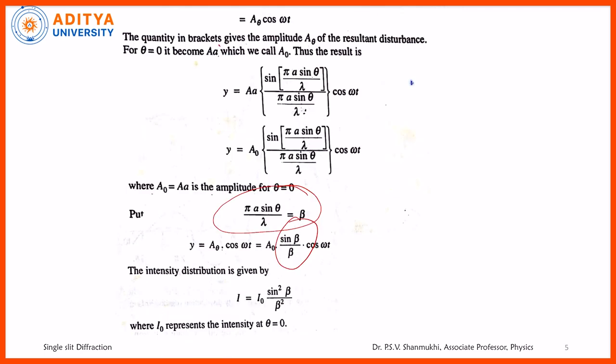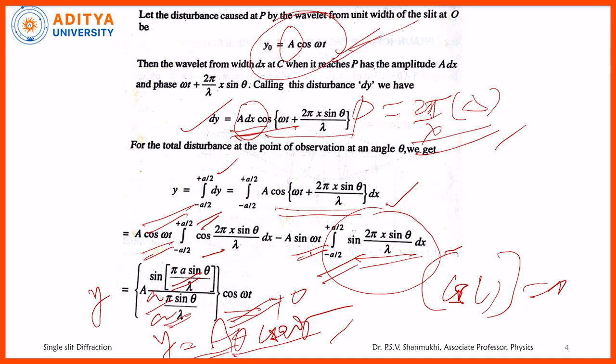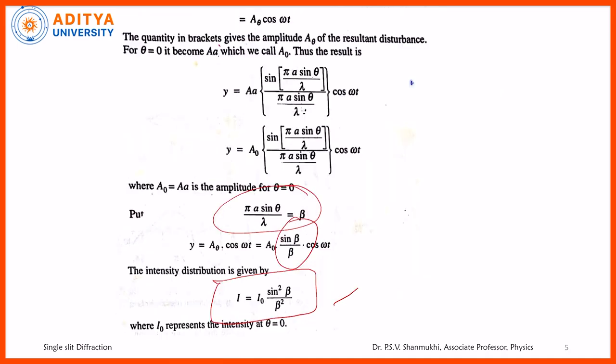Finally, I am getting the equation I is equal to I naught sin square beta by beta square. This is actually the resultant amplitude. What is the resultant amplitude? A theta is equal to A into small a and sin beta by beta.